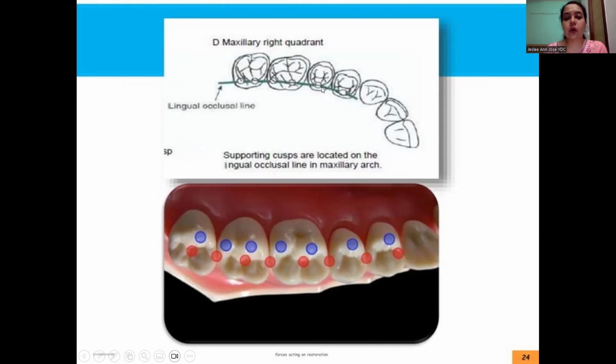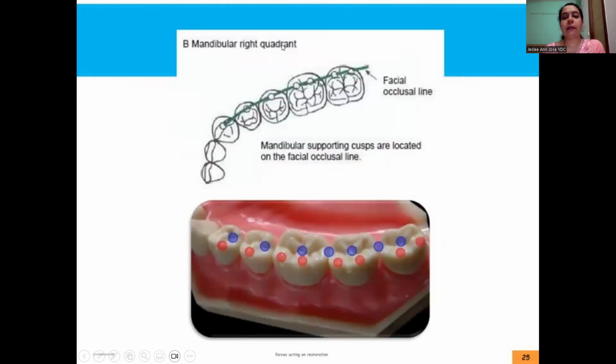So if we draw a line connecting all these tips, we will get a lingual occlusal line in the maxillary arch. Coming to the mandibular arch, it is the buccal surface of the mandibular teeth that comes in contact with the maxillary tooth. So when you draw a line connecting all the buccal cusps, starting from the canine to the buccal cusps of the premolars and the mesiobuccal and distobuccal cusps of the mandibular first and second molars, we will get a facial occlusal line.